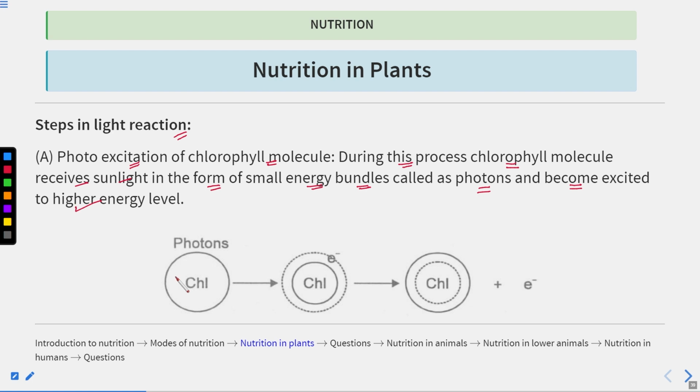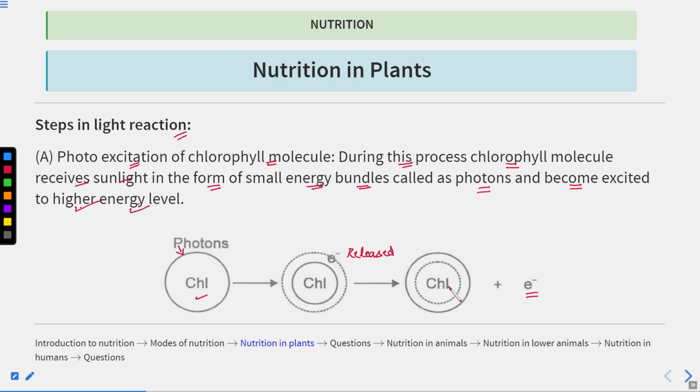In this image, you can see the chlorophyll molecule. Here, it absorbs the photons. What happens? The chlorophyll molecule gets excited and releases the electron. So here you can see the electron is released and the chlorophyll molecule attains a higher energy level.